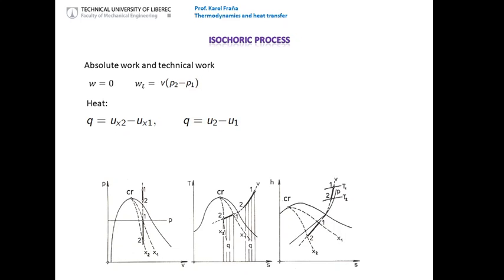So never use the temperature. Please keep working with the internal energy, that means U2 and U1, and you will find these values in the tables. In this lecture, I give you some scans of the table for the steam, and you will find them in the attachment of this lecture.